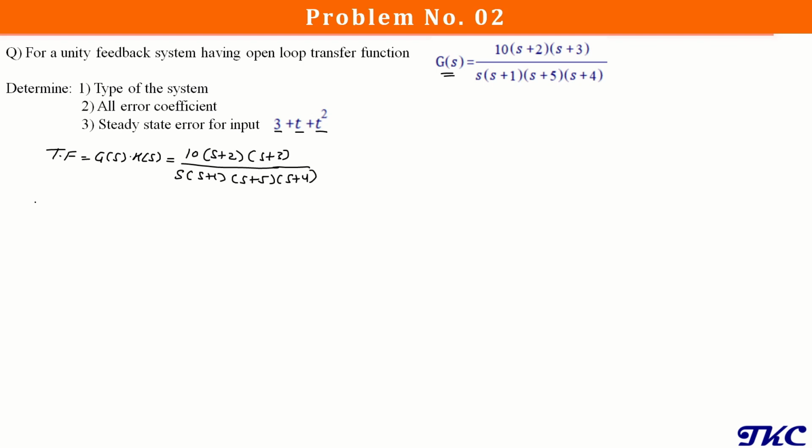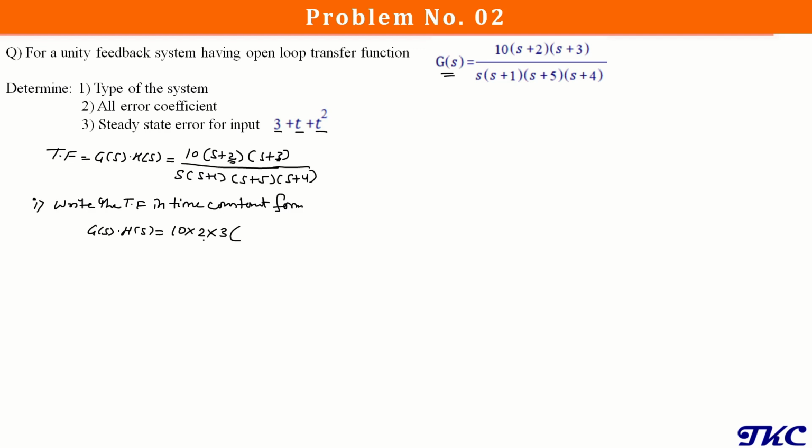The first step will be to convert this into time constant form. So G(s)H(s) will be equal to 10 into 2 into 3, because we have to take out 2 from this term and 3 from this term.